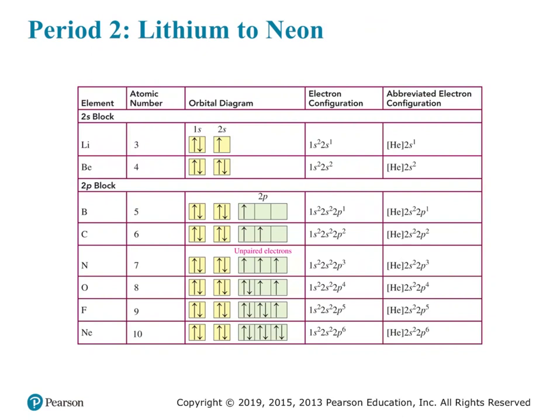Starting with lithium on the very left of this row, lithium has the atomic number 3, so it has 3 electrons. We fill in the 1s orbital first with 2 electrons, and then we move on to the 2s orbital.